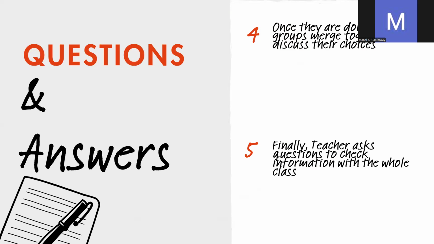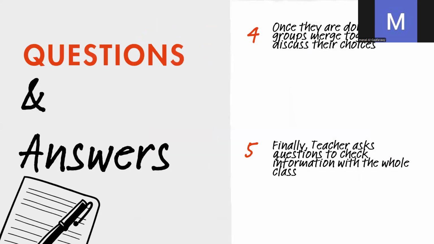And the purpose here is to let students share as many ideas as they can and see how different members perceive things and reflect on information and the sources of information. And finally, you ask questions to check information with the whole class.